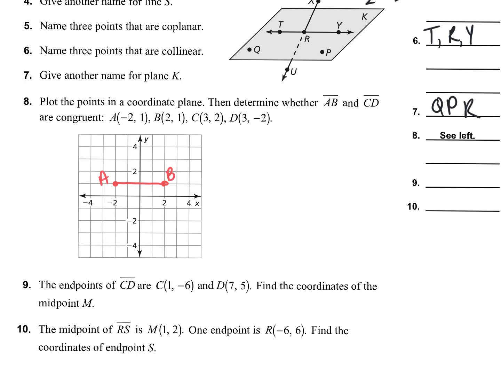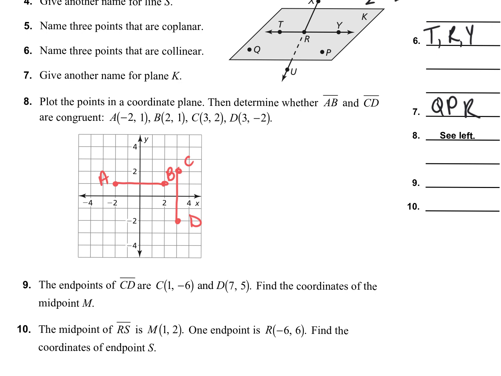Then I have 3, 2. This is C. And 3, -2, which is D. How can I tell if they're congruent? What do I have to do with those lines? You could count the spaces between the letters. Good. So I'm going to find the distance between the points.